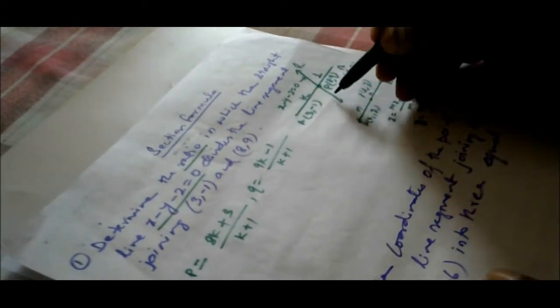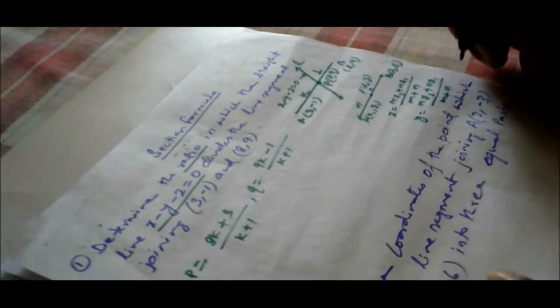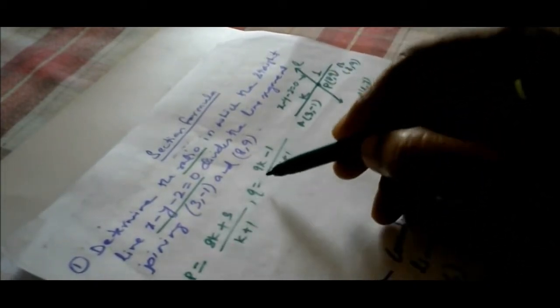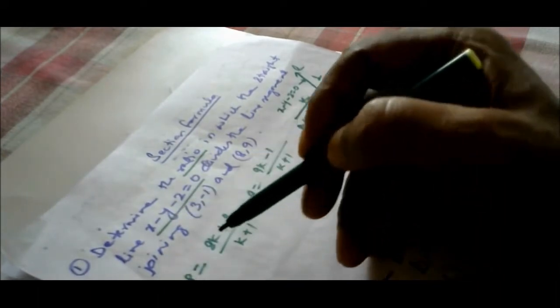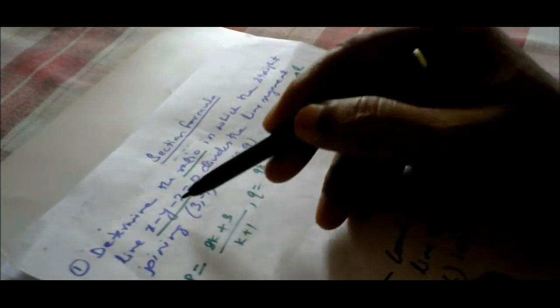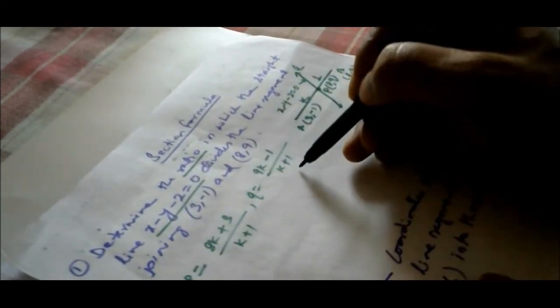See, the point P, Q is lying on the line L and also on the line segment AB, but we do not have the equation of AB. But we have the equation of line L. So both these coordinates will satisfy this equation if we put the value of x as 8k plus 3 by k plus 1, that is p, and y as 9k minus 1 by k plus 1.